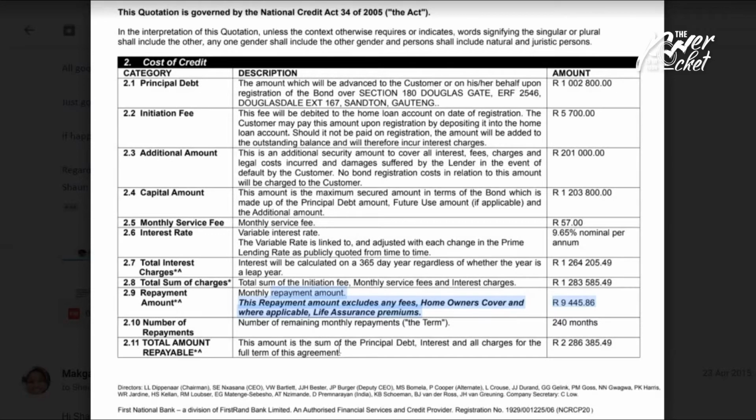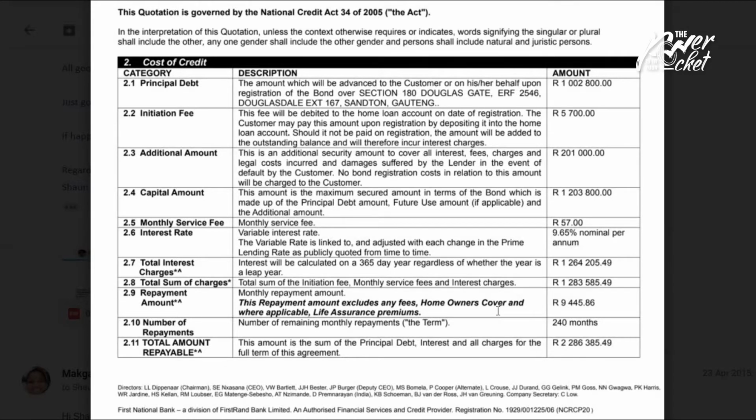It also shows you that if you take this amount over the full period, and the interest rate remains the same for that entire period of 20 years, this is the total amount that I would have paid for this property.